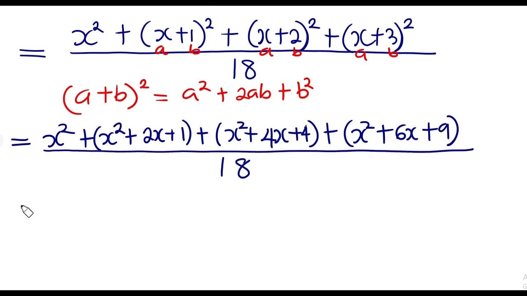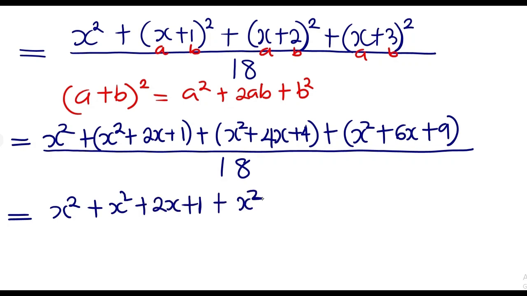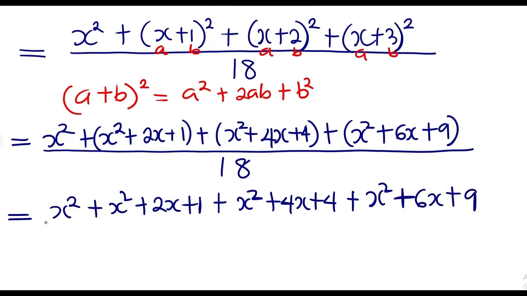Don't forget, so now I have this equal to x² + 2x + 1 plus x² + 4x + 4 plus x² + 6x + 9 all over 18.